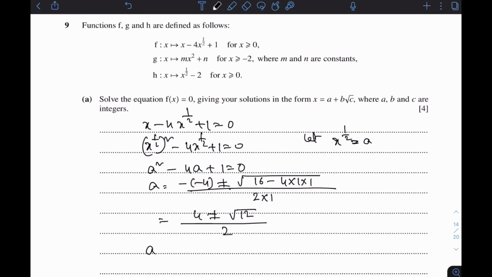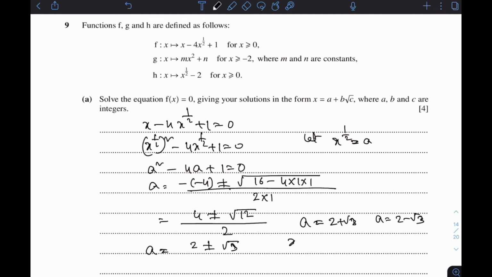Now if we simplify this, it is becoming 2 plus or minus root 12, that is root of 4 times 3, so 2 root 3, so root 3 here. So a can be 2 plus root 3, or another a can be 2 minus root 3.